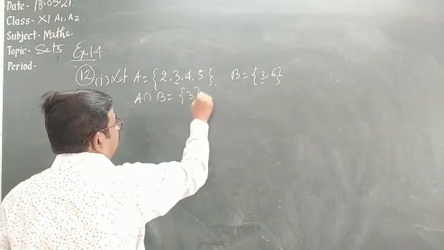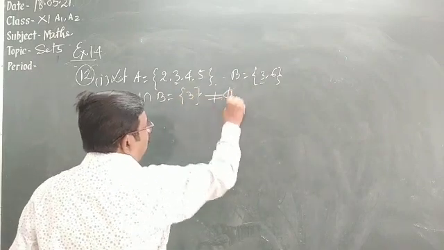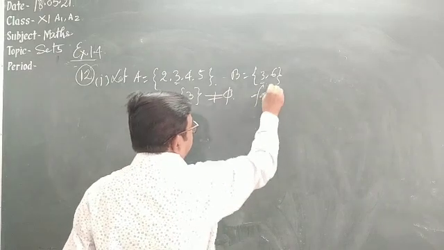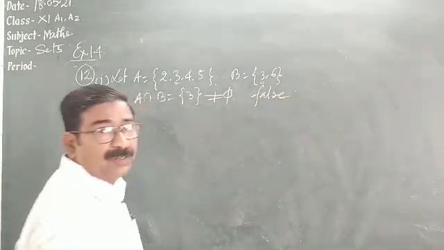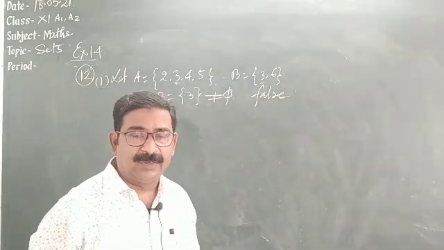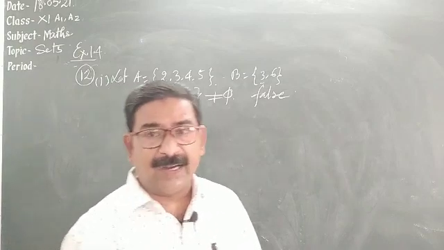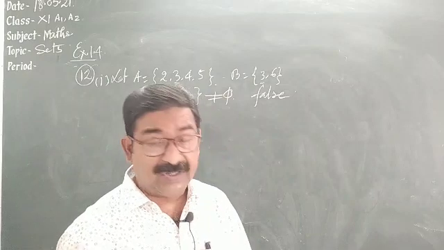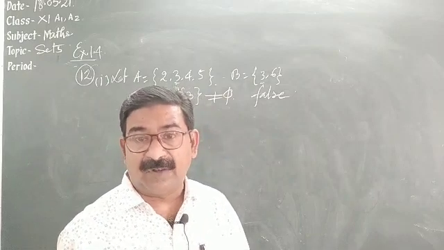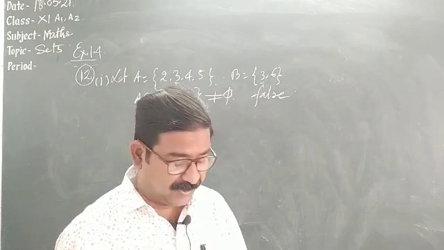So we have 3, which is not equal to empty set. So it is a false statement. Similarly, in the second part, A, E, I, O, U, you are given A, B, C, D. A is common, which is not empty. So it is a false statement.